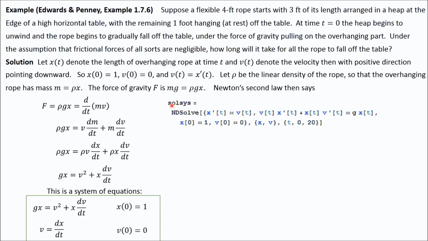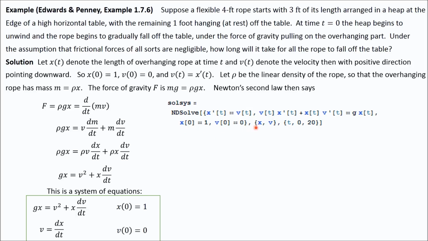So the solution to our system, which I'm calling SolSys, equals, and then we do a numerical differential equation solve, where we give a comma-separated list of our differential equations and our initial values. It does not matter what order you enter these.